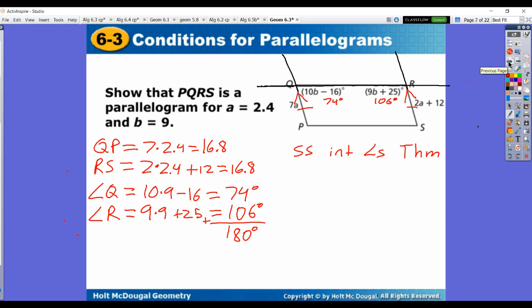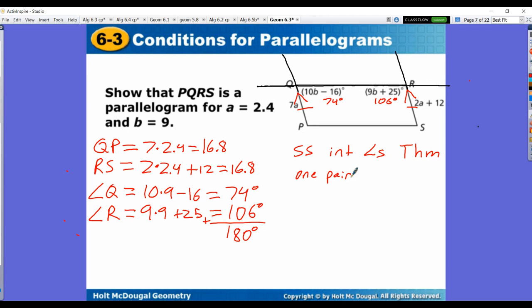So we use this theorem, and then now we're using this one here that says if one pair of opposite sides are parallel and congruent, we'll use our arrow to show the conclusion. That means we have a parallelogram. So sometimes you got to use something else before you can use one of the ones from today. That's how we'd solve something like that.